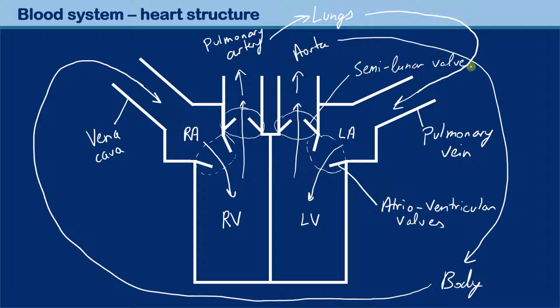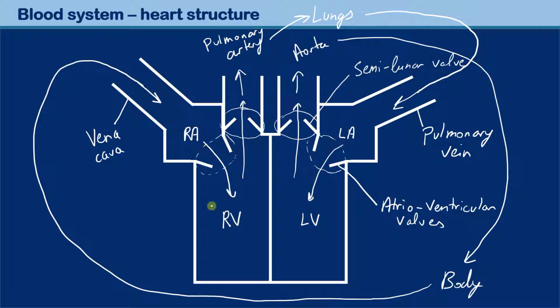And over here we have a vein, the pulmonary vein, which carries blood rich in oxygen. Many people think that arteries always carry oxygen-rich blood, but this is not correct. Arteries are not defined on whether they carry oxygen or not. Arteries and veins are defined on whether they carry blood to or away from the heart.